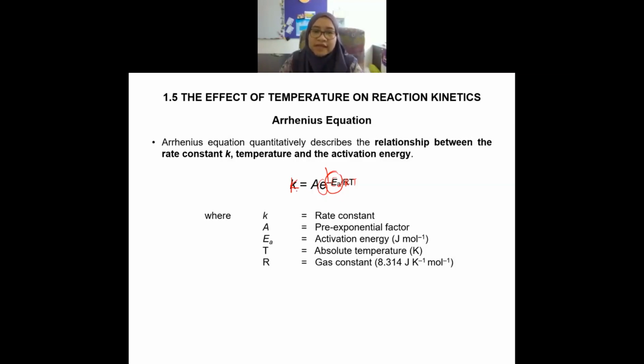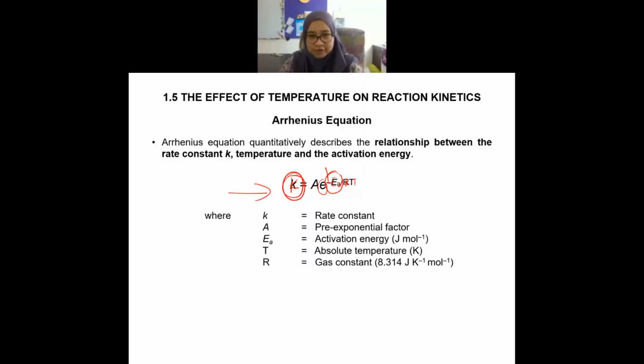So it will give negative impact to k sebenarnya, mathematically supported. Okay, bukan teori saja. So we have this equation to support that statement. Okay, mathematically.